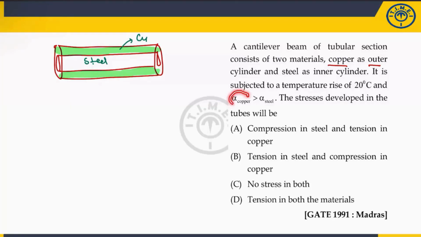And it is given that alpha of copper is greater than alpha of steel. Now you have to identify the stress developed in the tube. What will be the stress developed in the tube? If you understood this condition, then your problem will be solved.